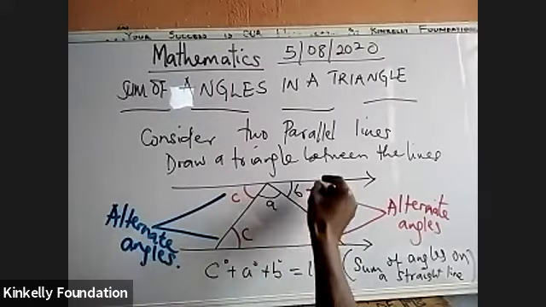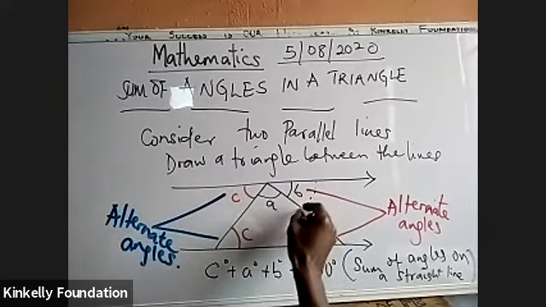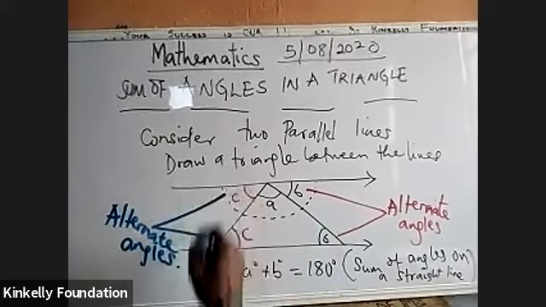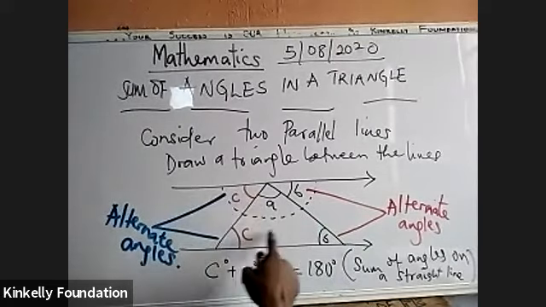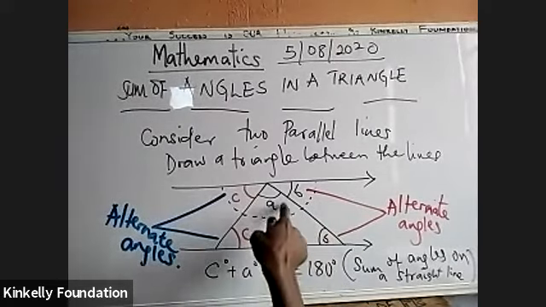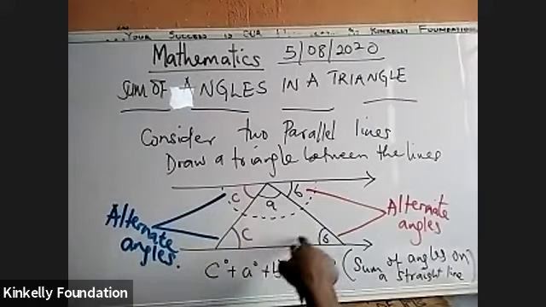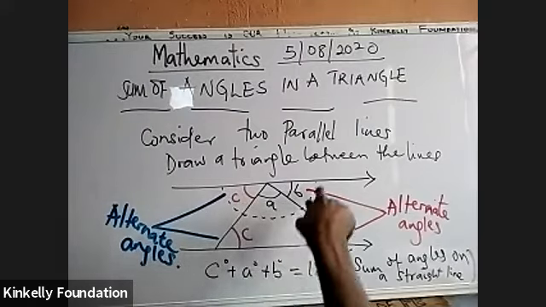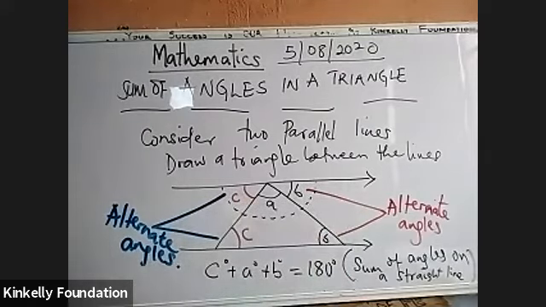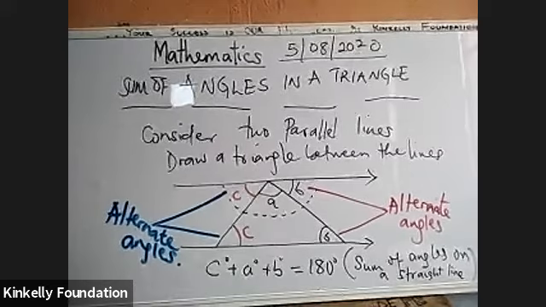So when you add this portion, it is the same thing as having C, the same thing as having B. So the sum of angles inside this triangle is the same as the sum of angles on that straight line. That's why you say that sum of angles on a straight line is 180 degrees, the same thing as saying the sum of angles in a triangle equals 180 degrees.